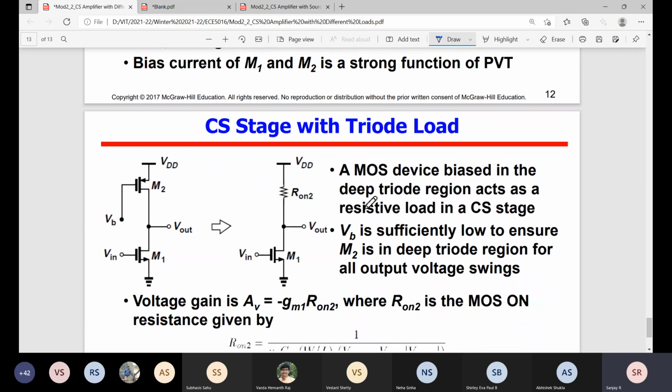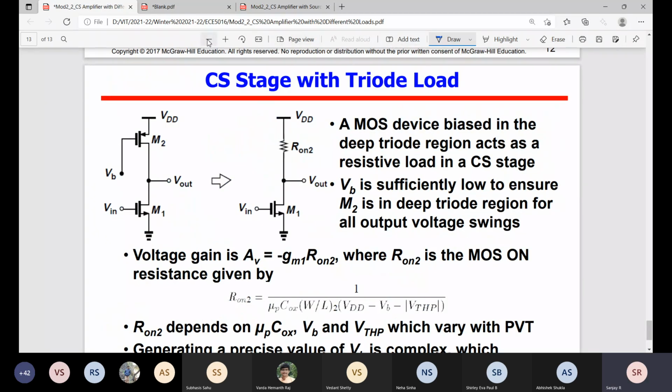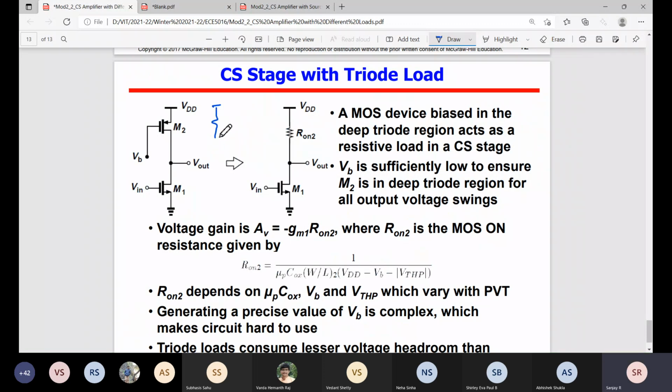The next thing, the final thing, is the triode load. We already discussed the resistive load, a passive resistor. Instead of using a passive resistor, we can use a MOS transistor operating in the triode region. So what is the triode region resistance? Since we are using PMOS here, it is 1 over mu P C ox W by L times VGS minus VTH, where VGS is VDD minus VB. So we can use a triode resistor for the resistive load.